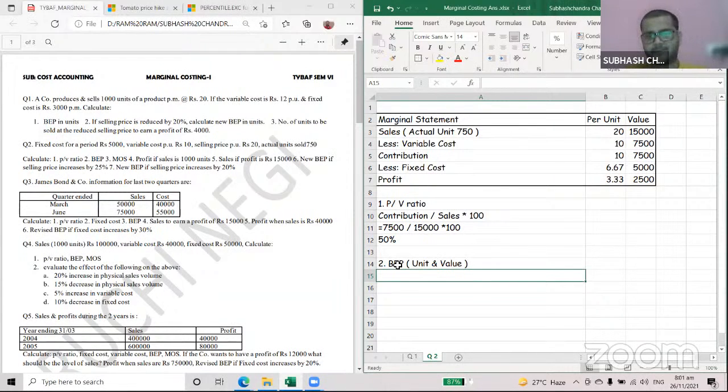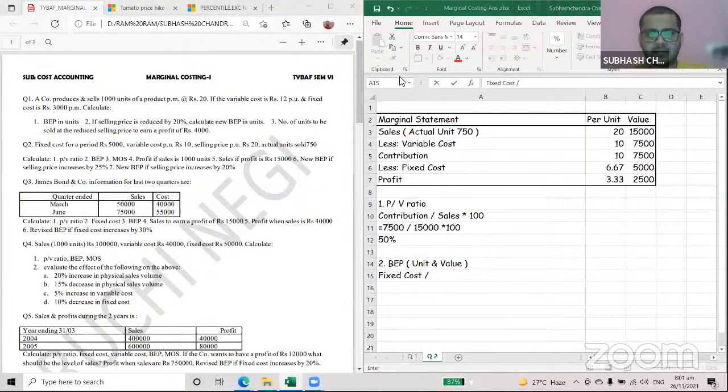Formula is very important. Yesterday only we did a question on the same. Contribution divided by, sorry, fixed cost divided by... fixed cost, yes, Mrityunjay. Contribution, no, not contribution.